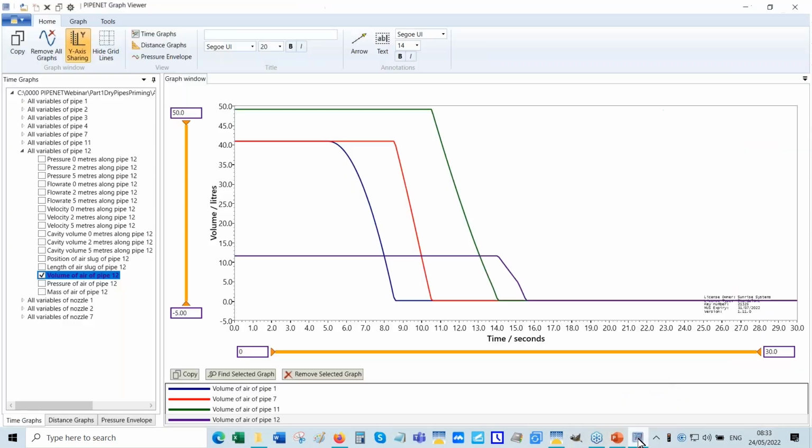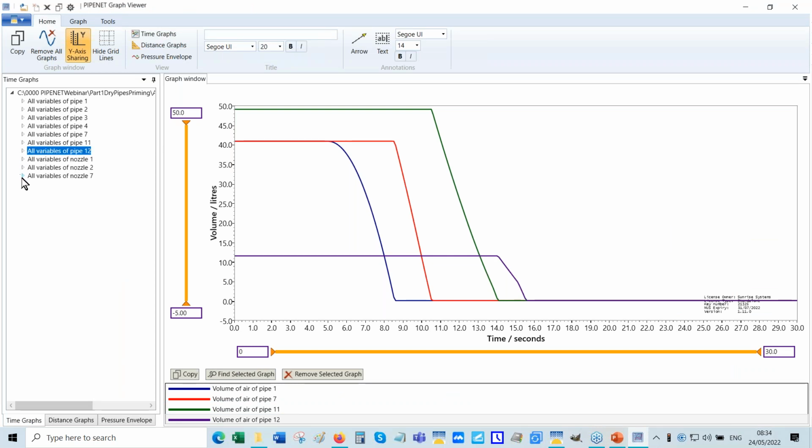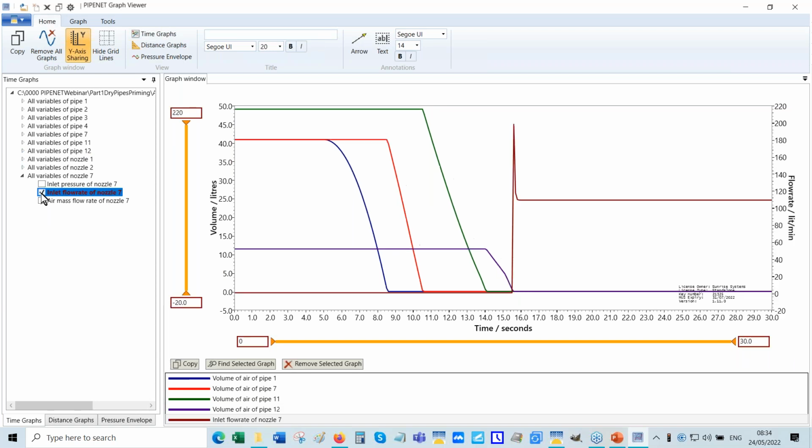So if you look at nozzle 7, which is here, see, when the last pipe gets primed, the nozzle discharges water.